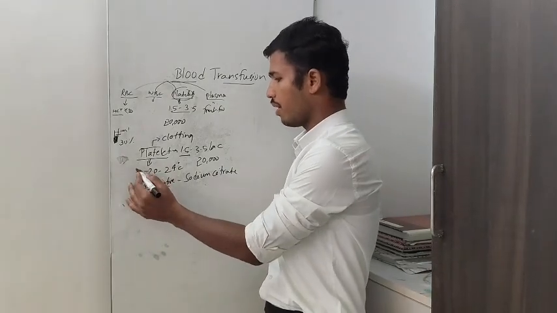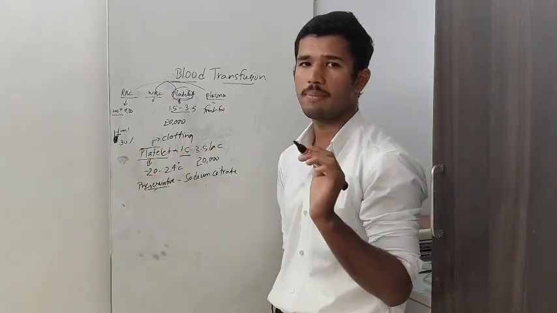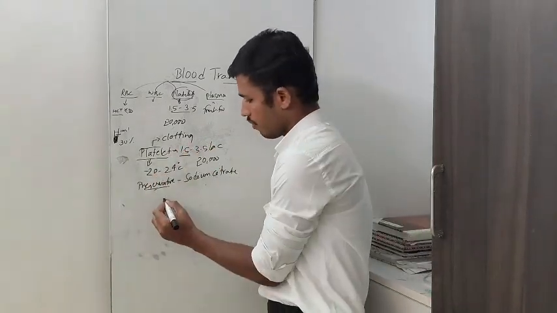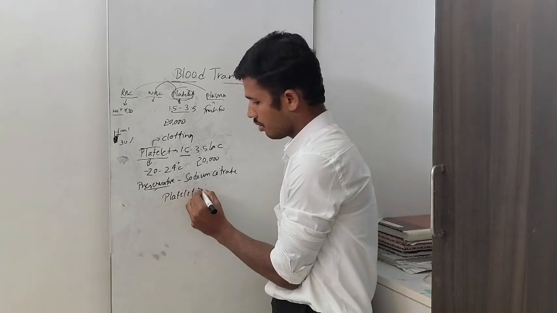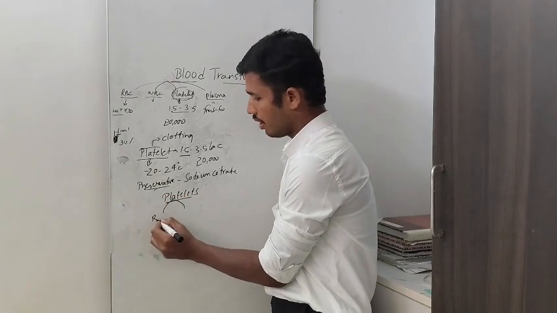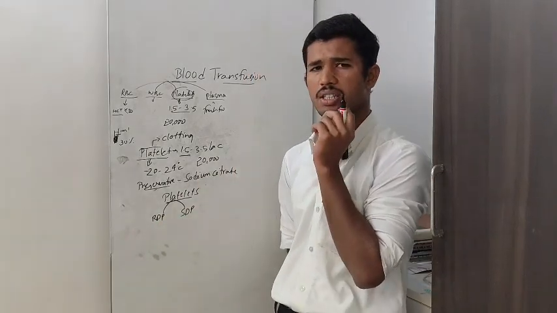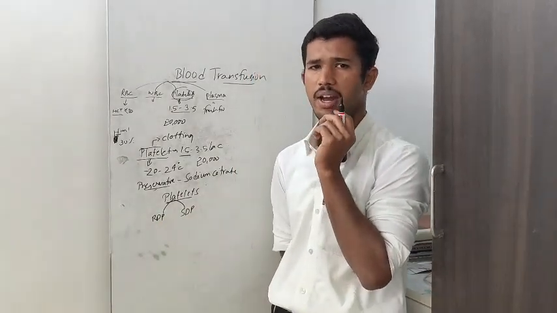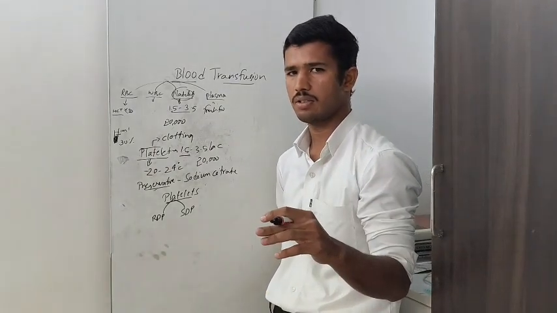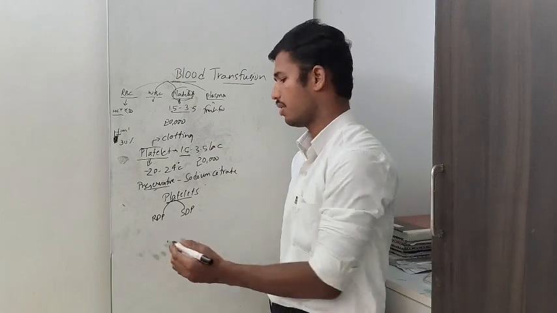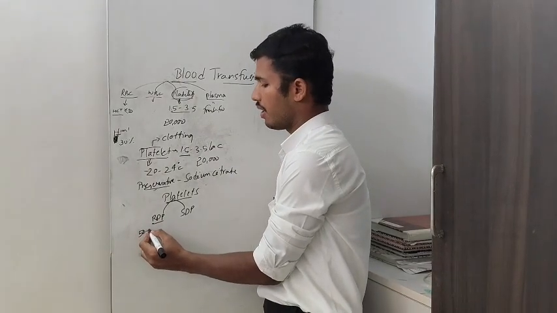We store platelets in room temperature with a preservative, and there are two types of platelets: RDP and SDP. RDP, random donor platelets, are taken from random blood groups, any blood group, and are about 50 to 70 ml.